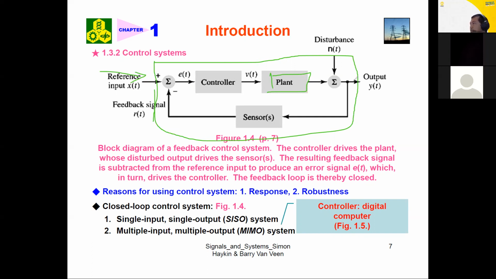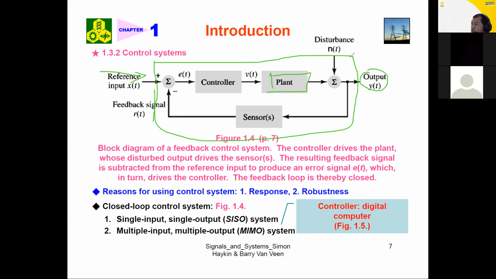From the plant we will have the output, and usually this output signal is, for example, an indicator for successful or unsuccessful control.